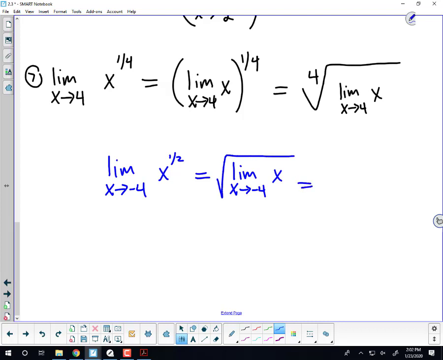And then pass that through the 1/2 power. At some point, from an algebraic standpoint, you should recognize, hey, there's something funky happening here. Does anyone have any questions?